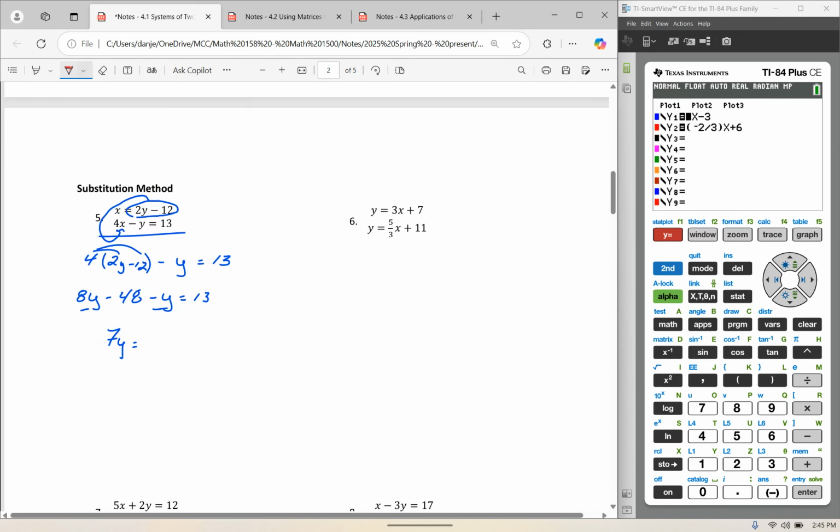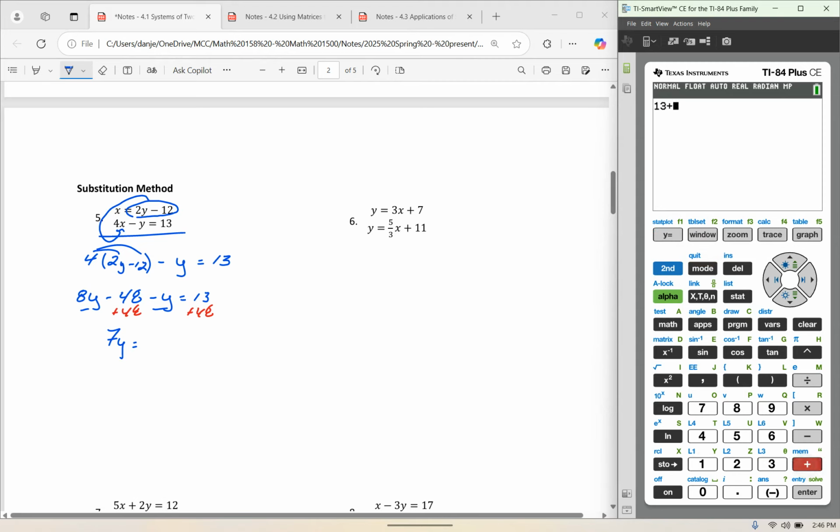I'm also going to add 48 to both sides. 13 plus 48 is 61. And now I want to divide both sides by 7. So 61 divided by 7 is 8.7.